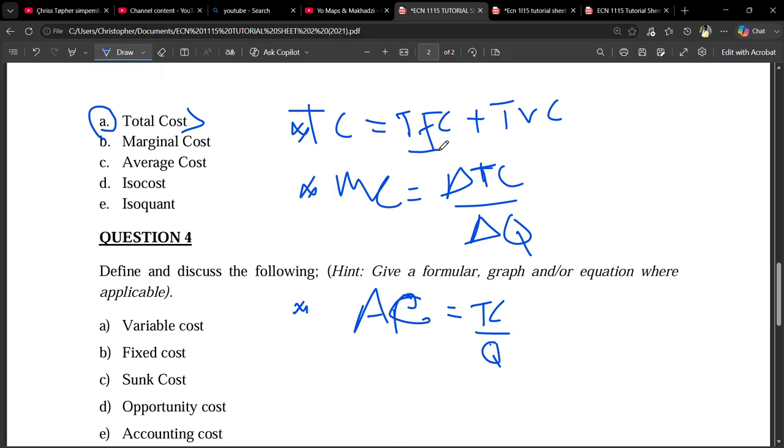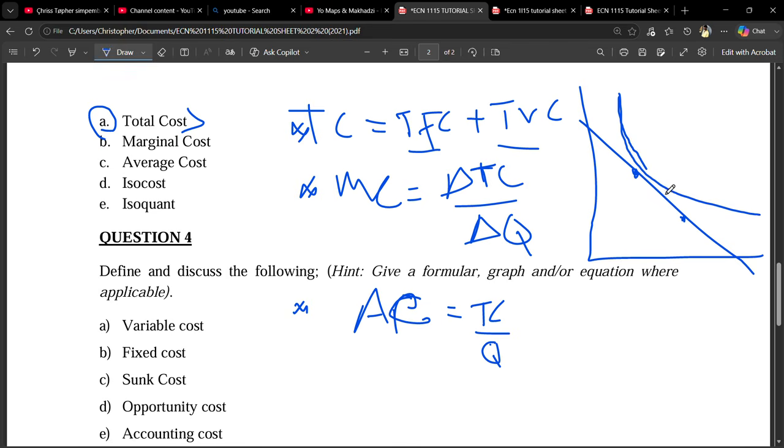Remember, we have fixed costs and variable costs, right? This isocost is going to show how much everything that is on this isocost costs. So we're going to find that we have, maybe, an indifference curve there. Whatever is here, we have a certain level of inputs that are put there, right?